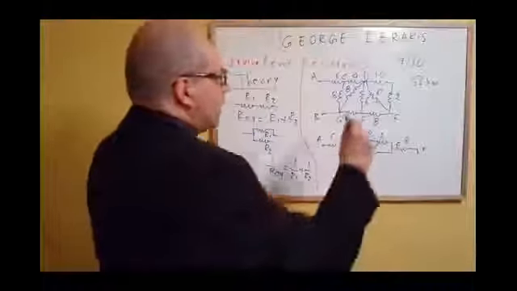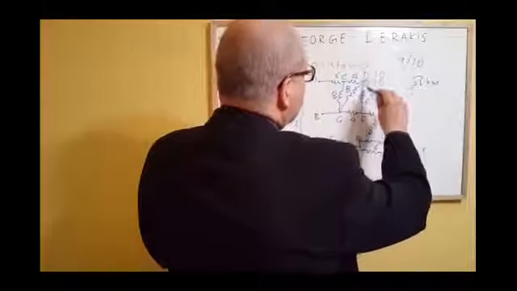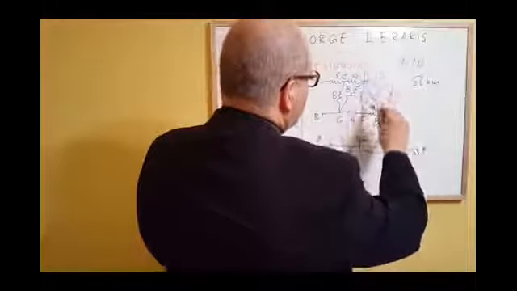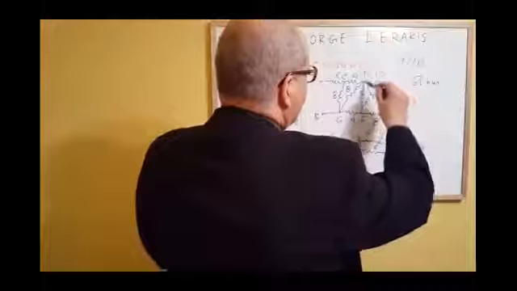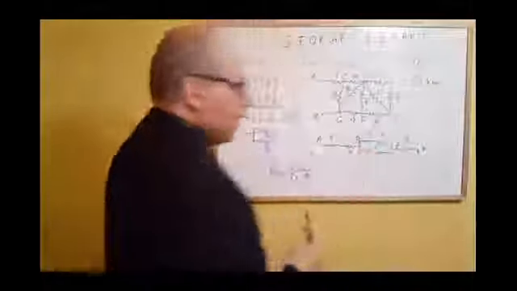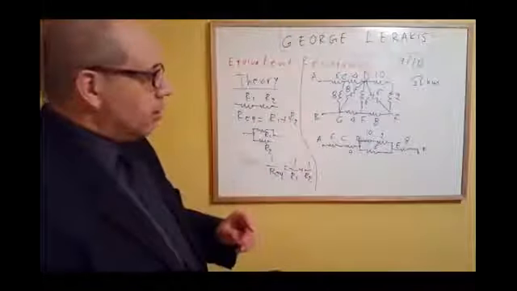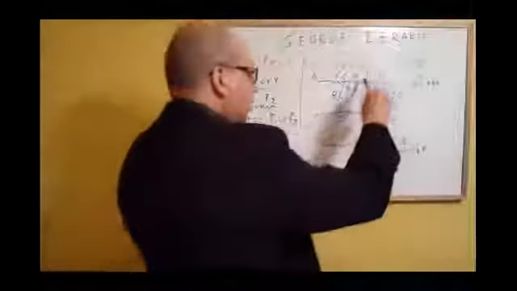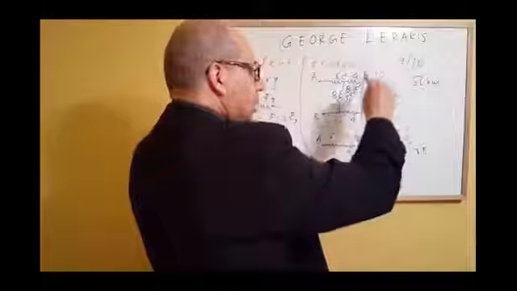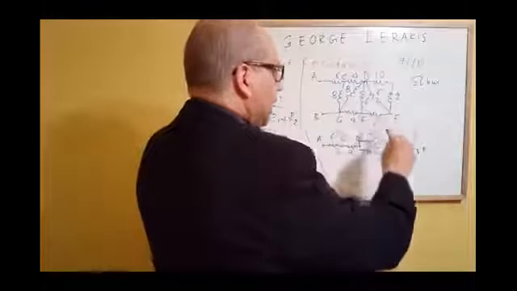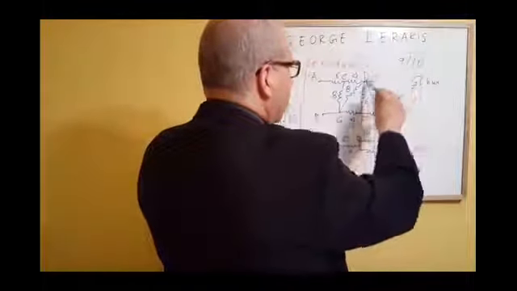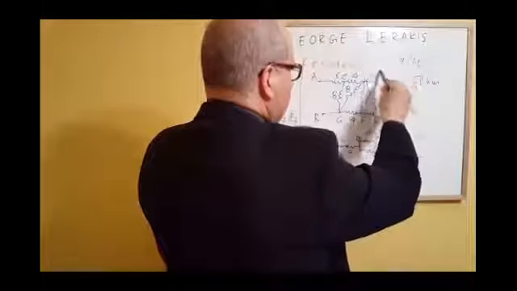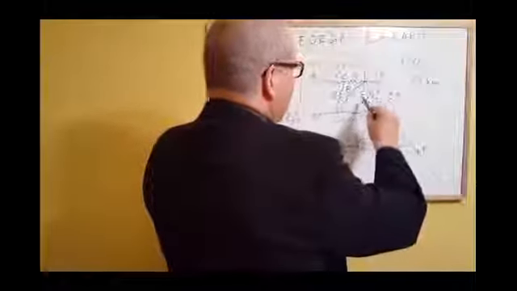So you see that all this circuit with this 6 ohm resistor, since they are between the same nodes D and F, means that all of these are in parallel with the 6.